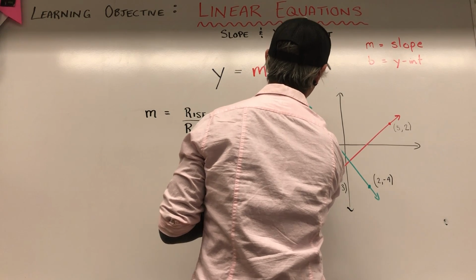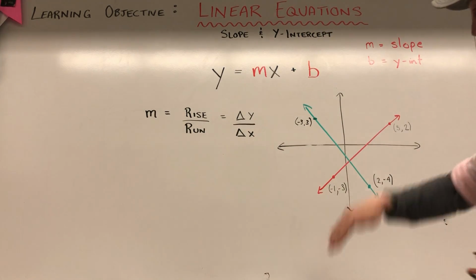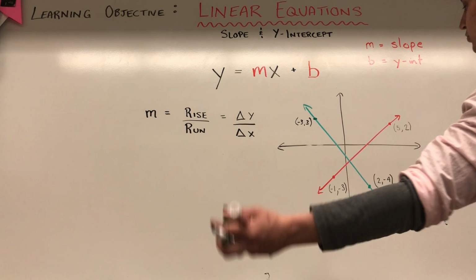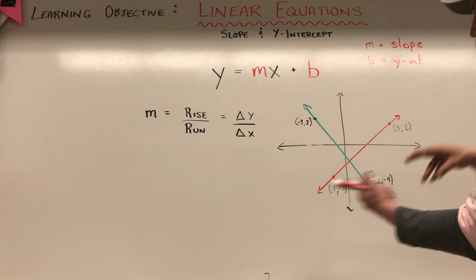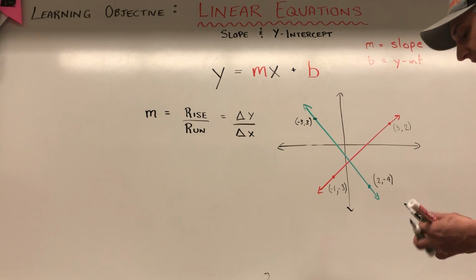Okay, there we go. I've got two lines, I know they're straight lines, and I know that they go in either direction forever, which means that they have an equation that I can use to calculate them. So how do I calculate slope of both of these lines?